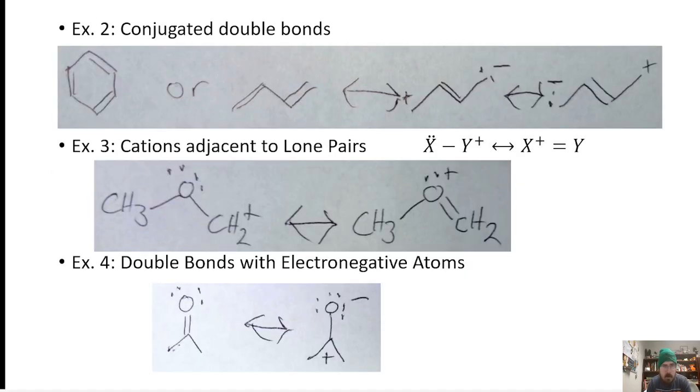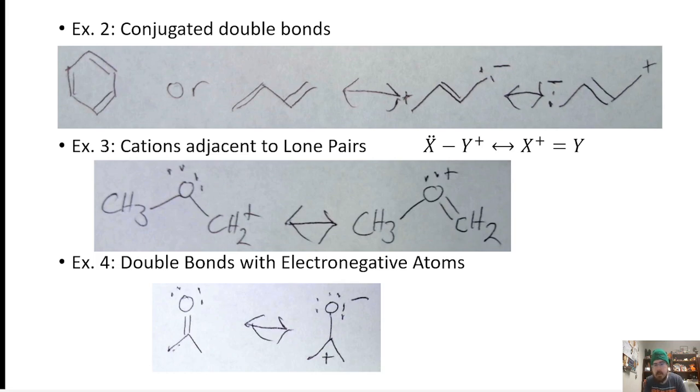Now, other examples of resonance could include conjugated double bonds. The simplest one is an aromatic group, which we'll talk about more later, where all the double bonds can swap around. But even in the case of a 1,3-butadiene, we can see resonance.